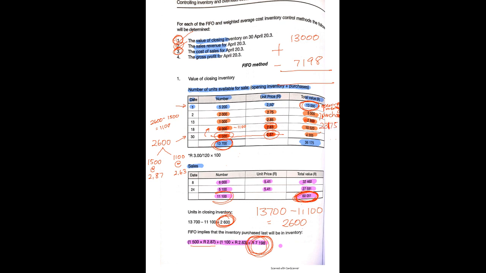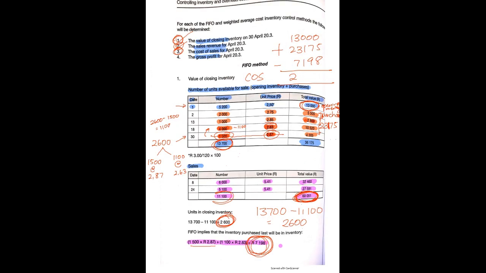So these added up, the ones in orange, give you your purchases, which is 23,175. The total of your cost of sales is the 28,977. Okay, so that's one way, the easiest way to calculate your cost of sales.